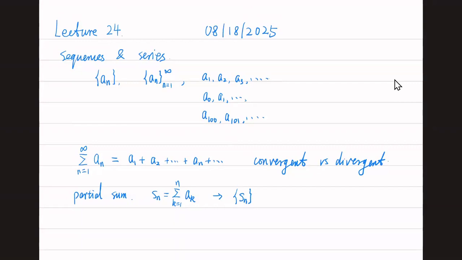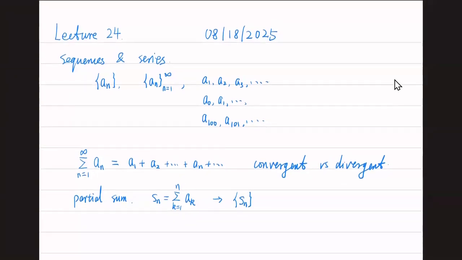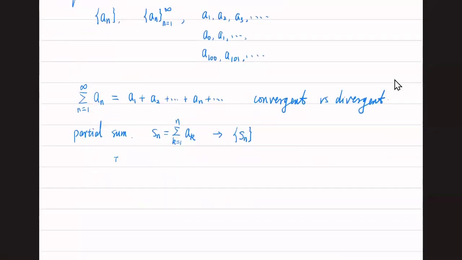If this sequence converges, then we say the series also converges, and it converges to the same limit. So here it converges.